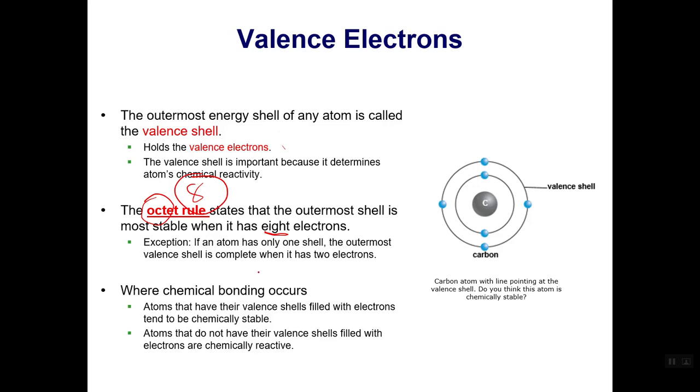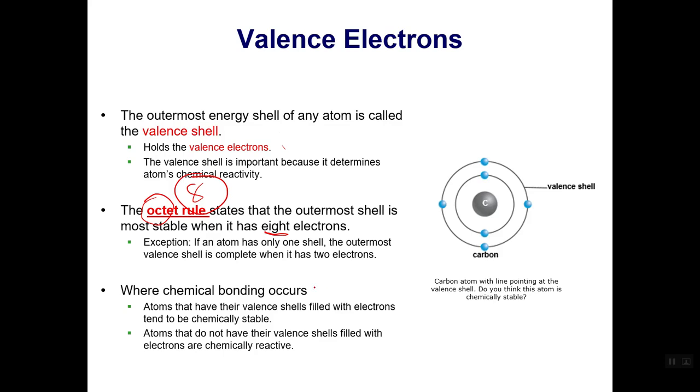Hydrogen, when it is electrically neutral, has 1 electron. Helium has 2. So they only have 1 shell. They're happy and most stable whenever they have 2 electrons in their valence shell. Everything after that, up to atomic number 20, will need 8. That's the octet rule.